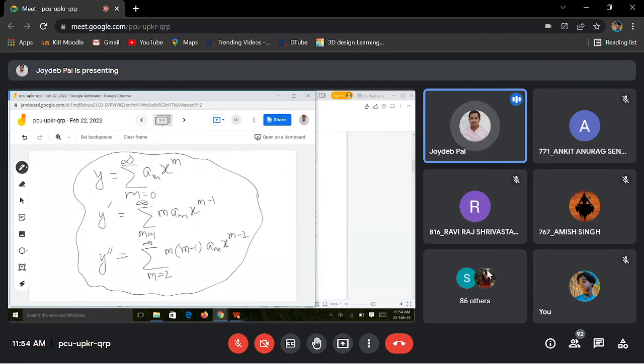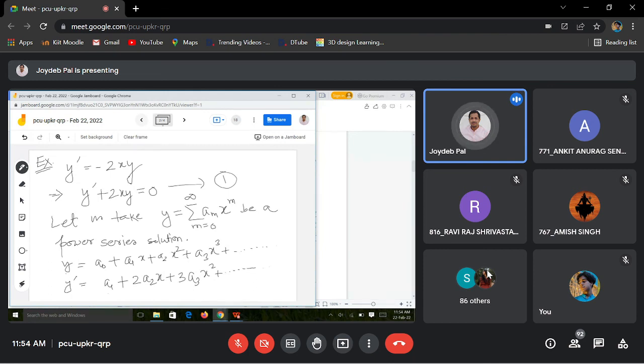Okay, so you can substitute y and y dash in summation form also, or this term wise form also. So I'm showing in term wise form y dash.